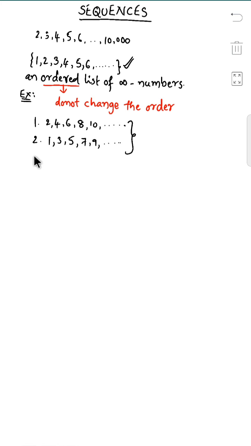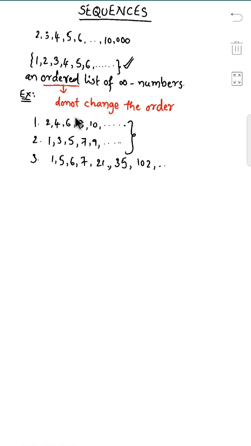But there is no restriction that the sequence has to maintain the same difference. So 1, 5, 6, 7, 21, 35, and so on, it can go on. So the difference need not be the same. It need not maintain the same difference. This is also a sequence of numbers.